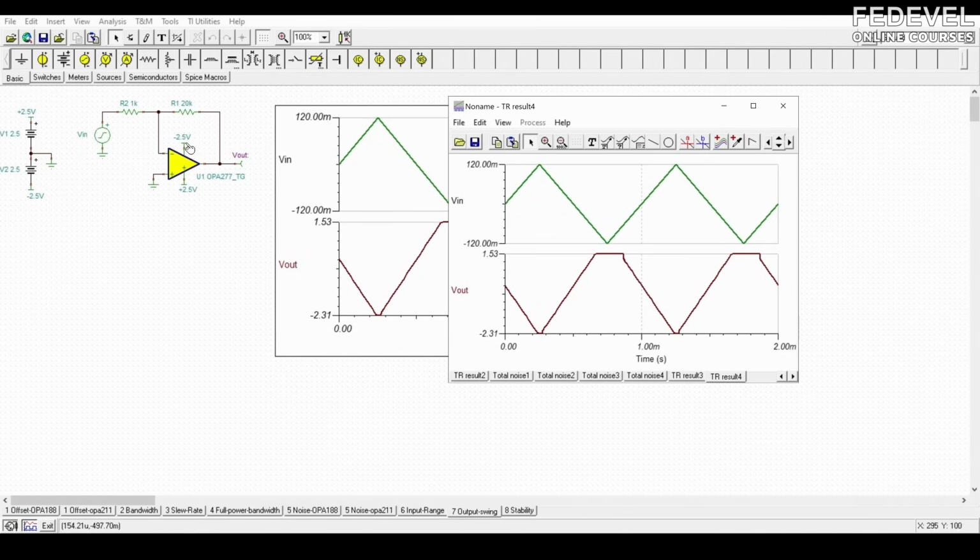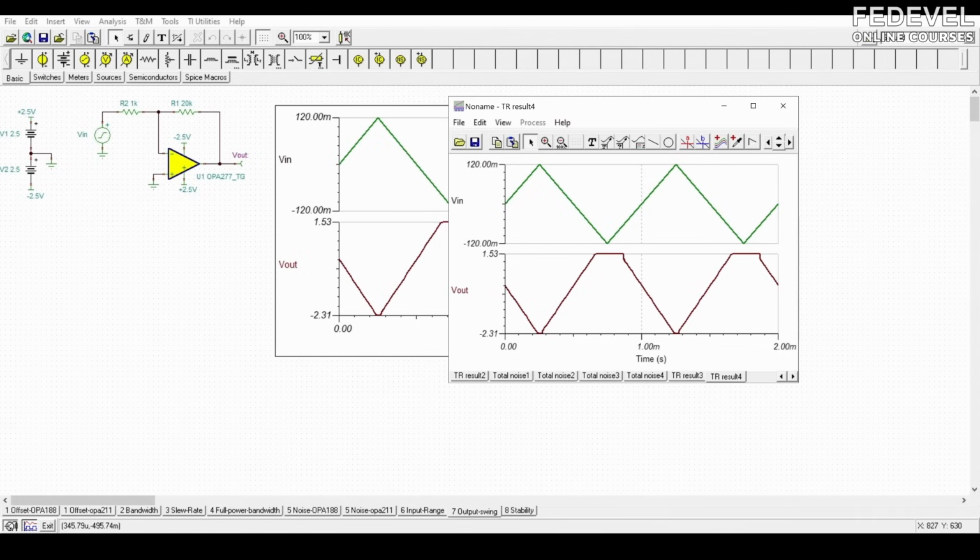And notice that we've got a plus or minus 2.5 volt power supply, and the input is plus or minus 120 millivolts. So that is not probably going to violate any input swing limit. But it's in a gain of negative 20. So the output is much larger than this input signal. And the output swing wants to go to 20 times 120, but it clips.